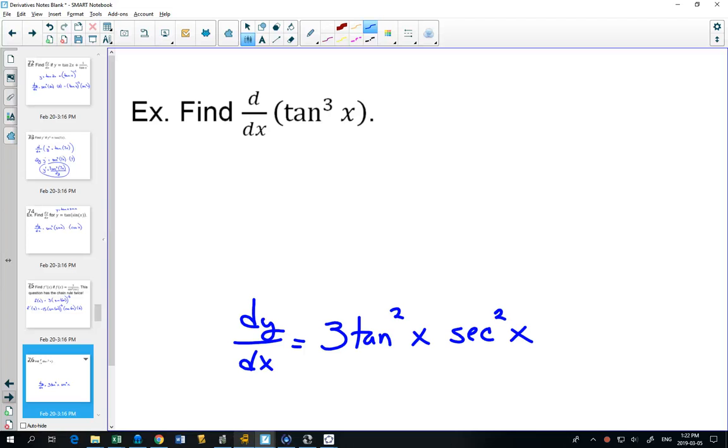How did you do? Maybe you wanted to take the time to start off with by rewriting this like that. That helps to see that the outside function is the cubed and tan is inside.